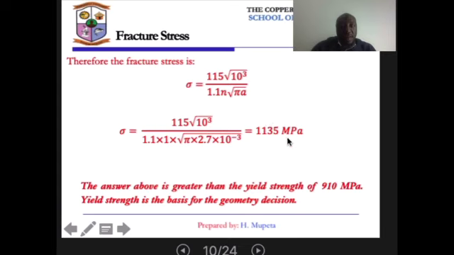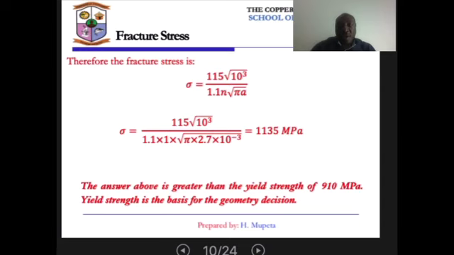Now this answer that we have here is greater than the yield strength of the material, which is 910 megapascal, and we know that the yield strength is the basis for the geometry decision. So for the geometry decision, we use the yield strength of the material, and because we have found this as greater than this, now we need to see what we get when we consider the stronger alloy, because this one was the weaker alloy.